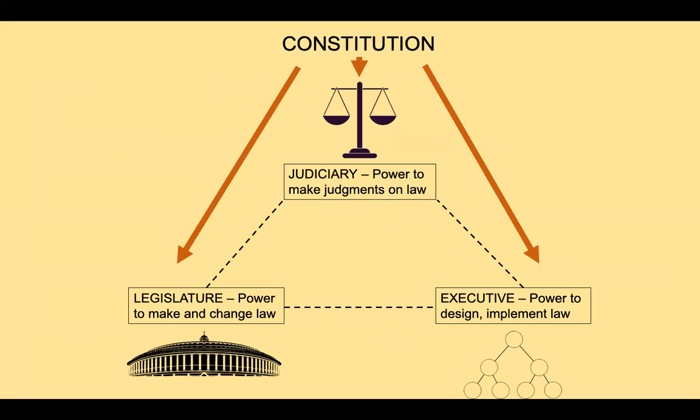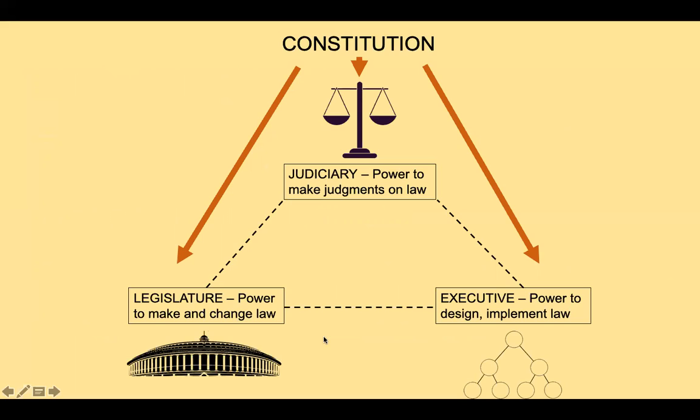Now, under the separation of powers, this is what the model looks like. We've got the judiciary on the one hand. The judiciary embodies the power to make judgments, interpret, apply, and defend the law. The legislature has the power to make and change law.